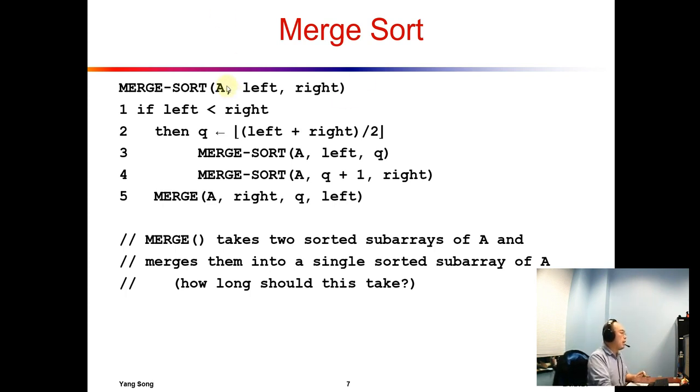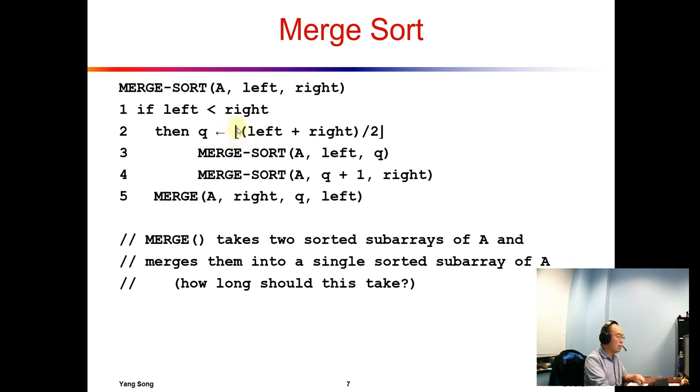A is the list we are going to sort. For left and right, that is the lower bound and the upper bound of the portion of the list we are sorting. If left is smaller than right, we grab the middle value, which is left plus right, divided by 2.